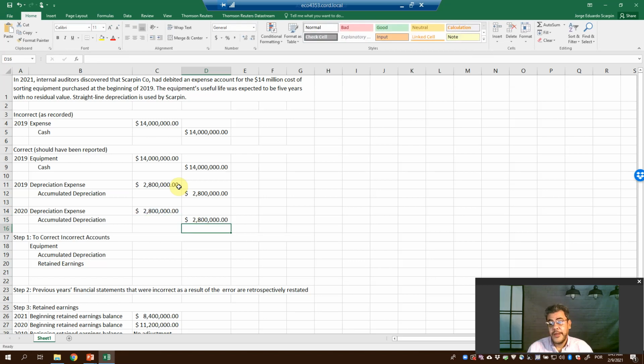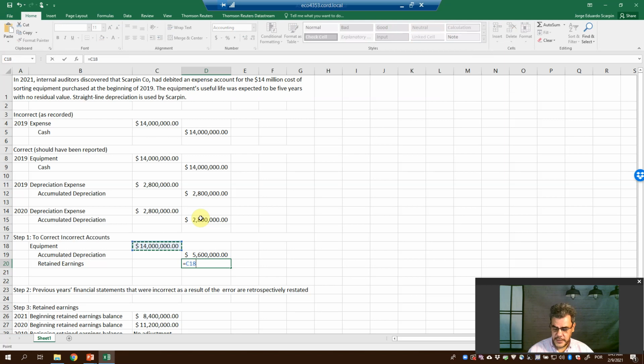So, okay, what should we do now? Step 1, to correct incorrect accounts. We need to debit equipment. We need to add it in our accounting. We need to credit accumulated depreciation. How much? Accumulated depreciation 2019, accumulated depreciation 2020. And to balance, retained earnings.